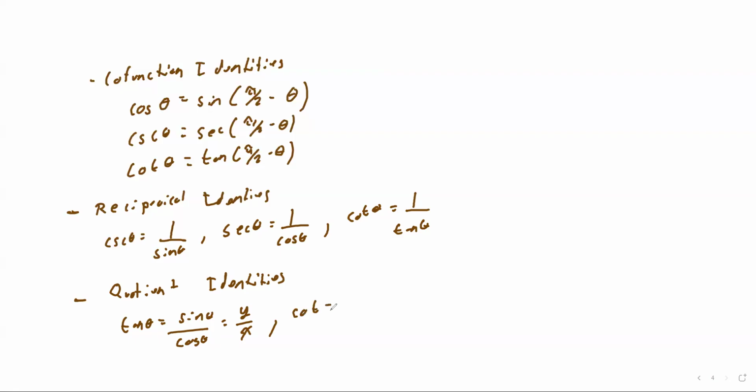And then cotangent is just the inverse of that. So that's cosine theta over sine theta, which again is the same concept as x over y. All right, so those are your first three sets of identities they expect you to have memorized. And then we'll kind of progressively get further and further with those as we move on. So that's pretty much the gist of the entire 7.3.